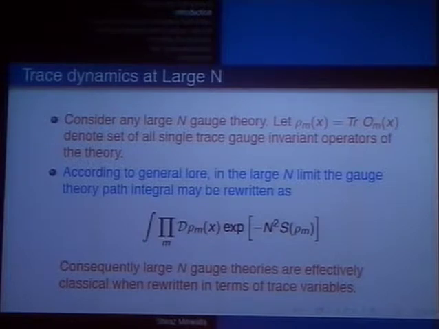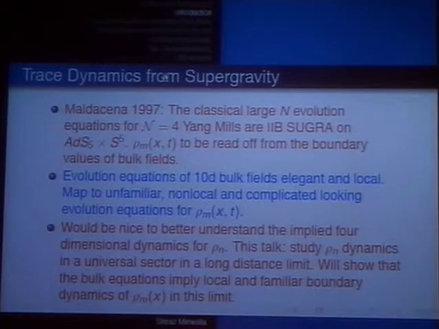It follows immediately from this equation that large N gauge theories are effectively classical when rewritten in terms of gauge invariant variables. That follows because N squared becomes very large and you can do a saddle point approximation of the path integral. Now, in 1997, Maldacena understood what the effective classical system for large N N=4 Yang-Mills theory was.